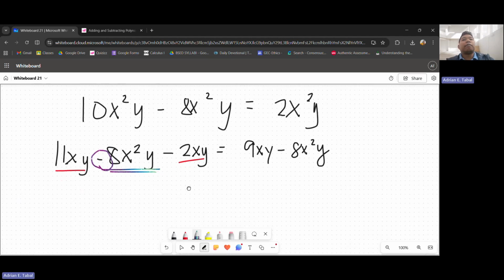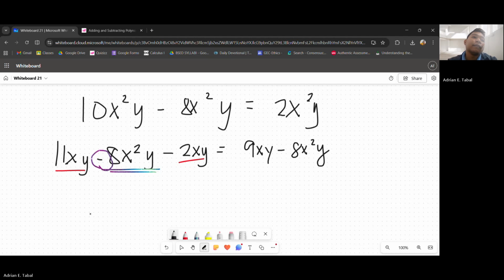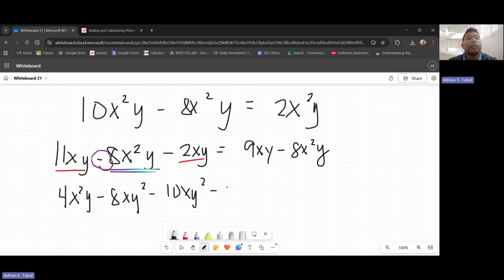Let's have one last example. We have 4x squared y minus 8xy squared minus 10xy squared minus 2x squared y.